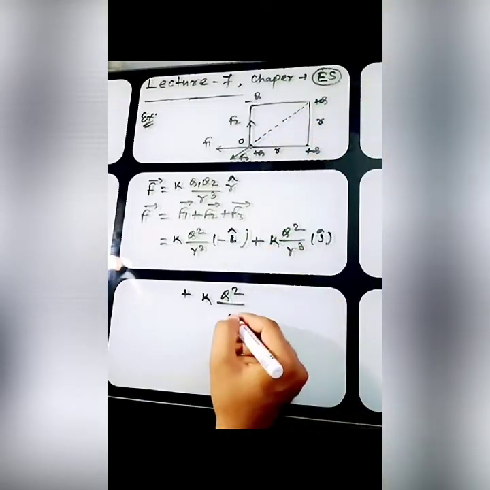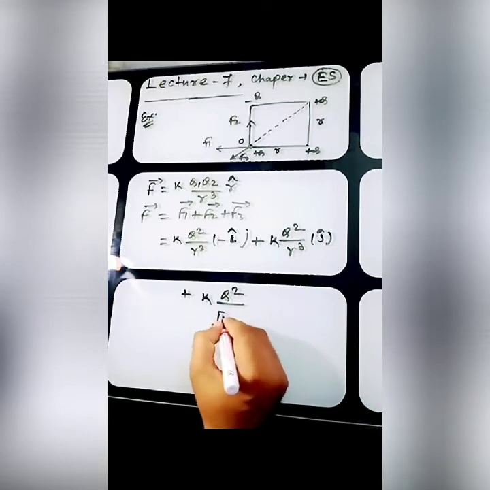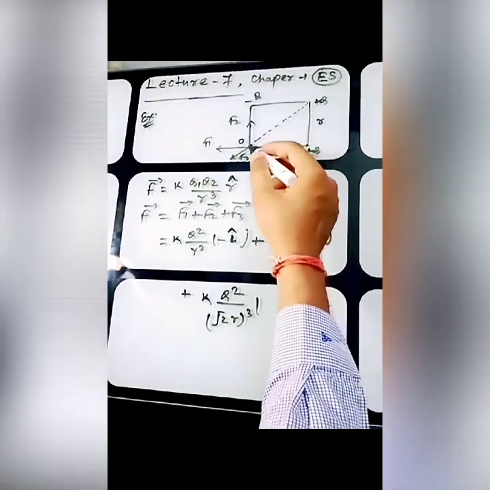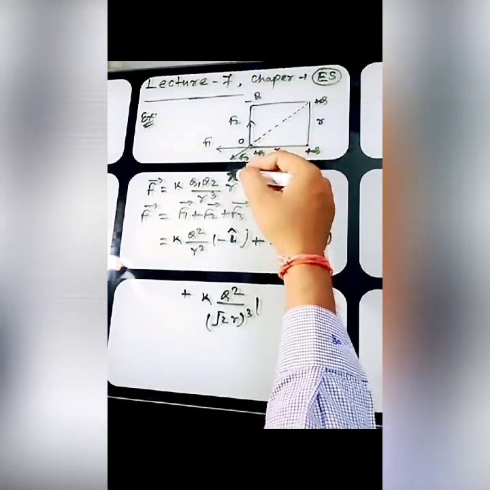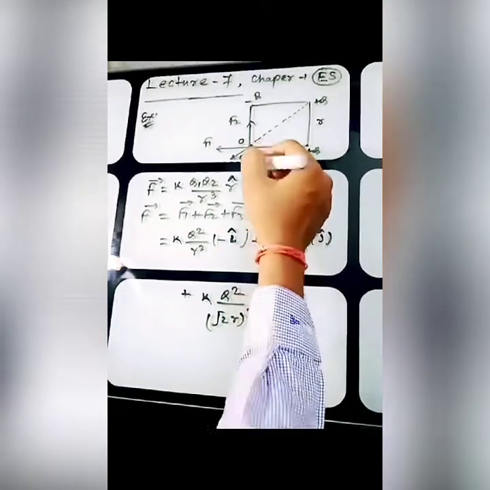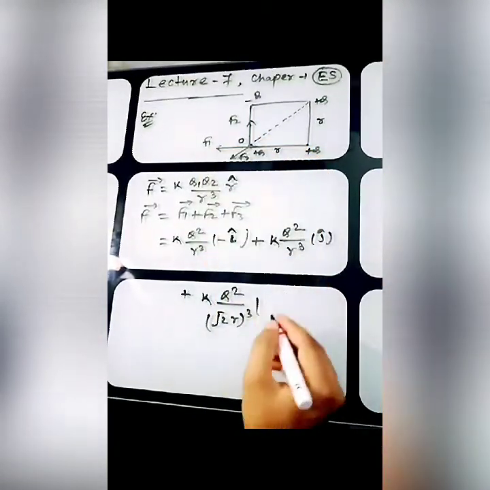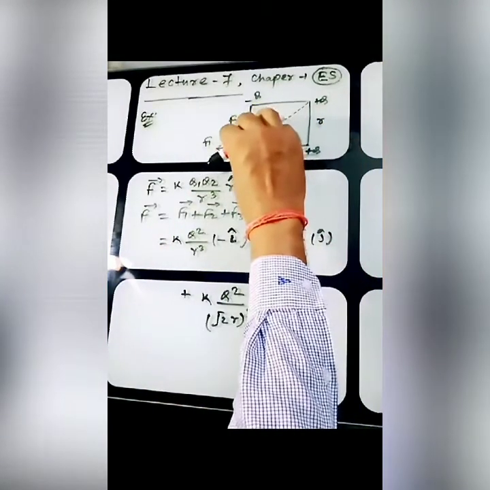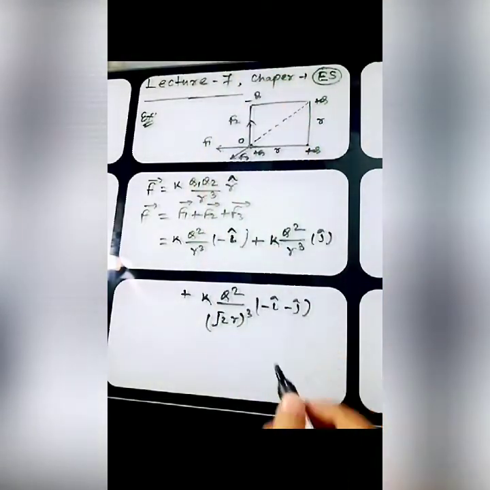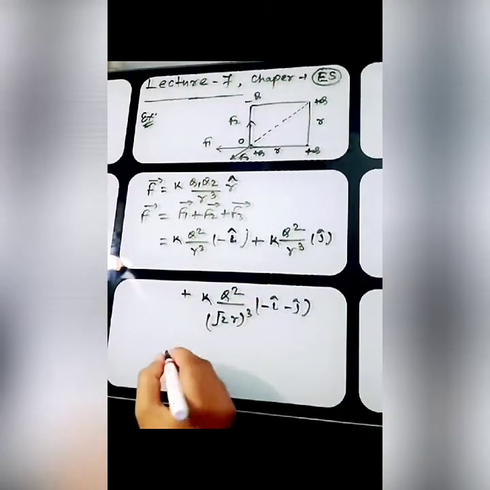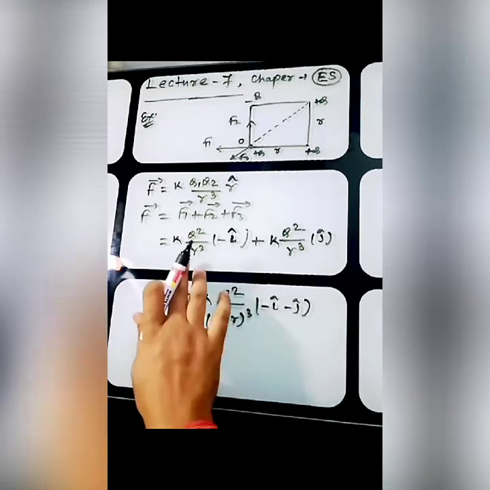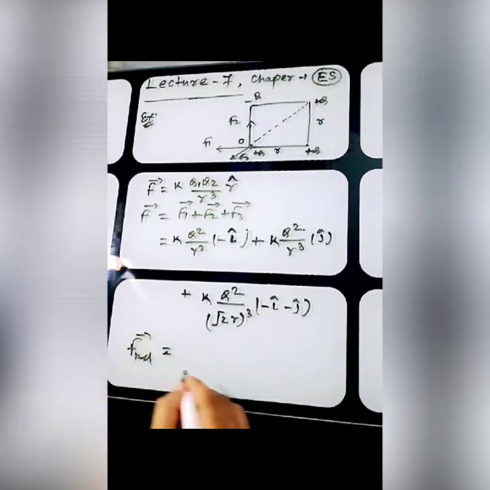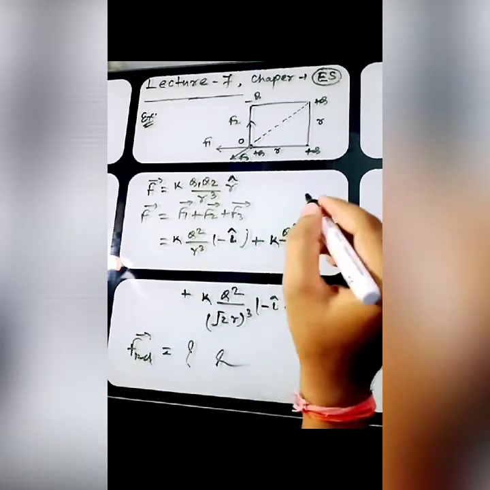The magnitude will be root 2 R, so root 2 R cube, and the direction of this will be along minus I and minus J. You will break the component, this will be minus J and minus I. So these are the 3 forces. Now you will add these 3 in vector form and then you will find the net force. Okay, this will be your answer.